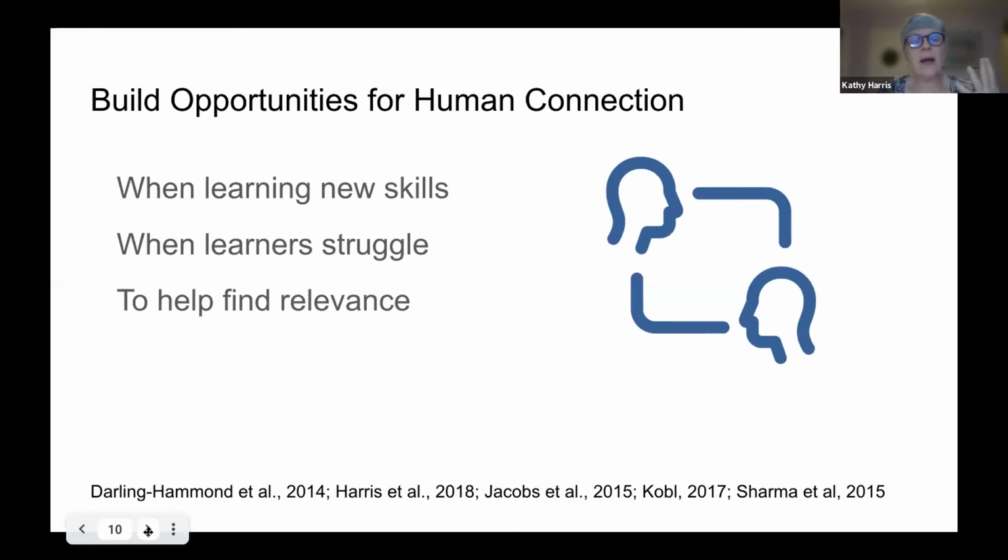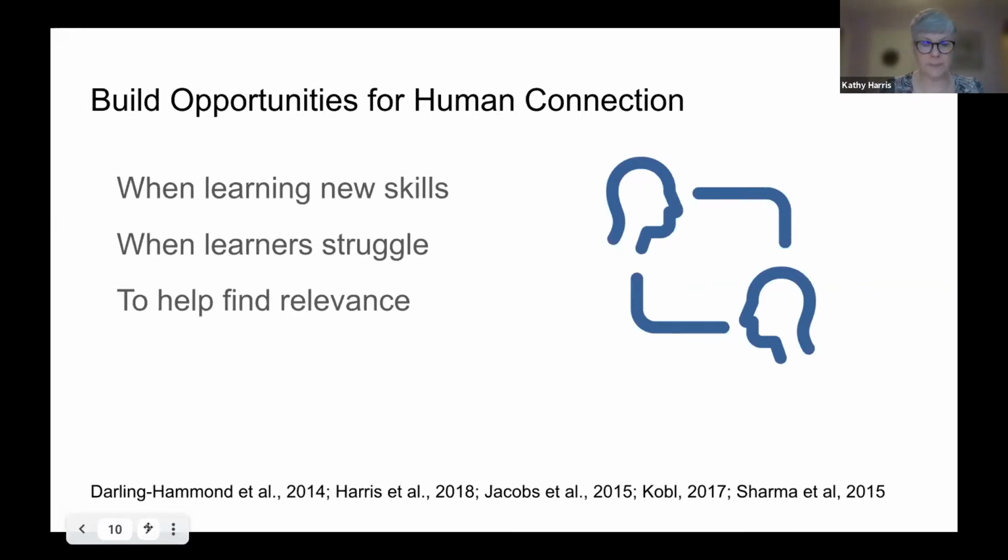For people who think that this doesn't matter to me, human connection helps people to see, oh, this does matter to me. Yes, this is relevant to my life, and I do want to learn how to do this. So building opportunities for human connection, and there are lots and lots of ways programs have done that. They do it through tutoring programs, volunteer programs, many-to-one and one-to-one classes, drop-in, telephone, and during COVID, we see this happening in telephone helplines and so on. But building opportunities for human connection is really important.